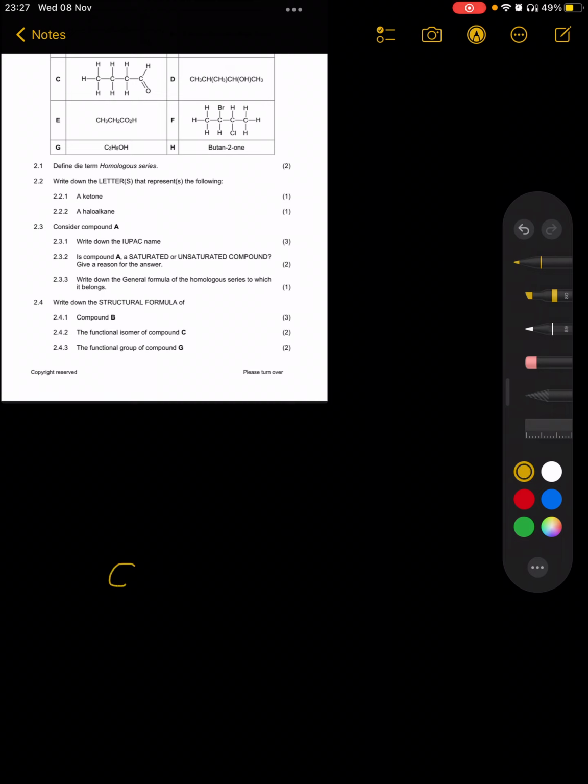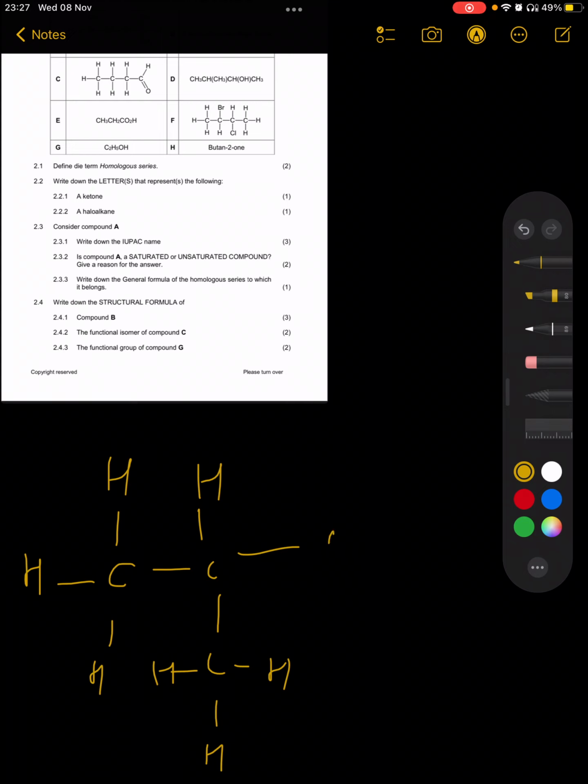It's a CH3 attached to a C. It's attached to an H. And that's attached to a CH3, and that's attached to a CH, that's attached to an OH, and that is attached to a CH3.